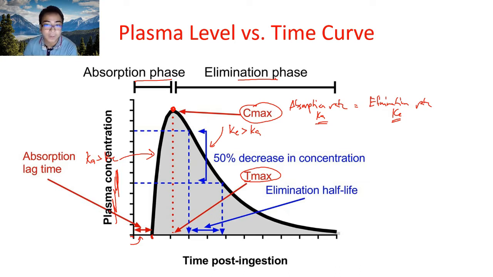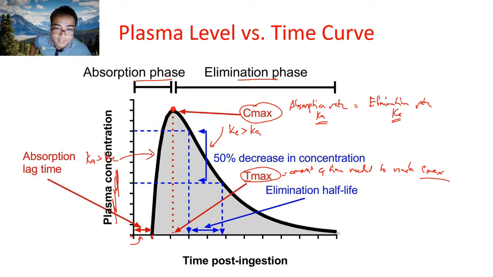Okay? Now, Cmax, class, is achieved after you reach Tmax. Tmax is the amount of time needed to reach Cmax. Okay? So, are we clear? Okay, so yun lang naman siya, class. Elimination half-life is the amount of time needed to reduce the total concentration of a drug to 50%.